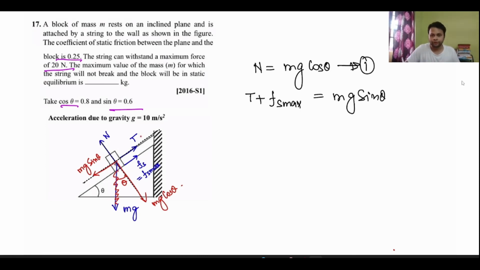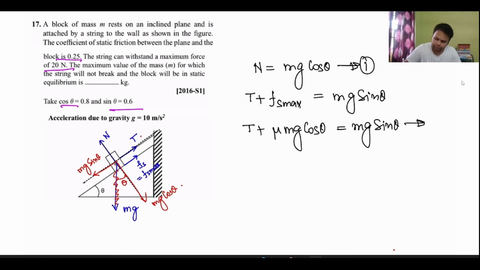So I'll substitute the value of Fs max. What is Fs max? Fs max is equal to mu into N. N is mg cos theta, so I'll directly write it: T plus mu mg cos theta is equal to mg sine theta. Let me say this is equation number 2.